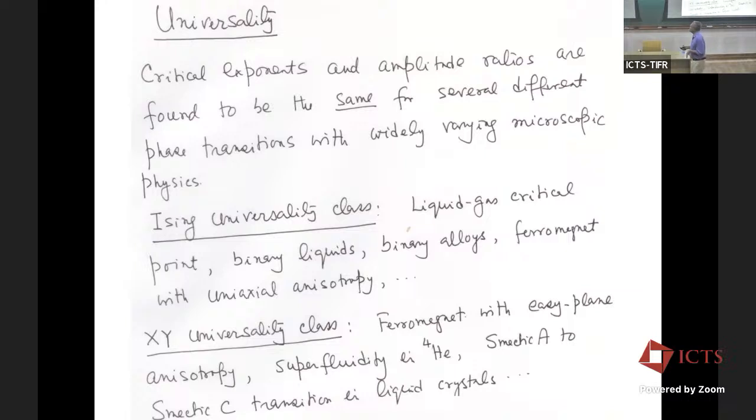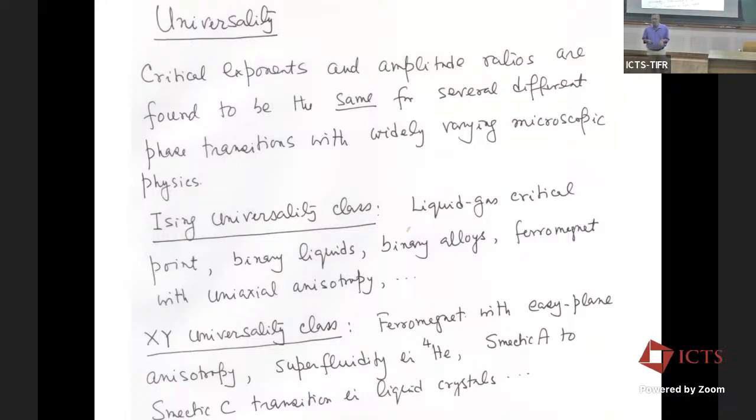So again, without going into too many details, I just want to point out that there are certainly more than one, several systems, which exhibit the same critical behavior, although their microscopic physics is very different.